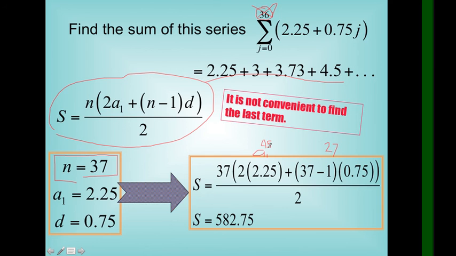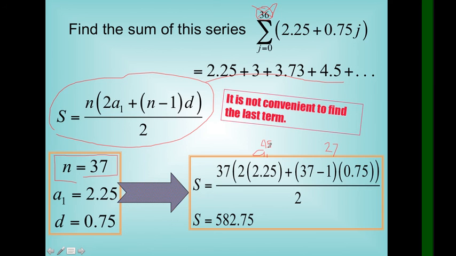Times 2. That's 4.5. Tama? And then 36 times 0.75. That's 27. Tama naman. So we have 27 plus 4.5. 31.5.